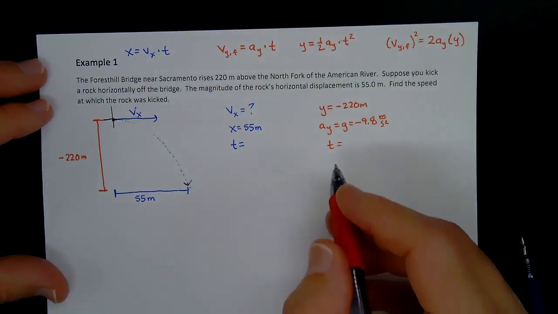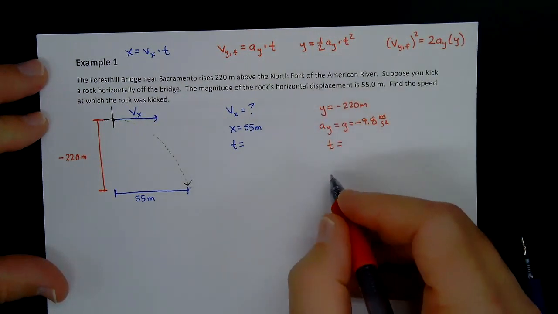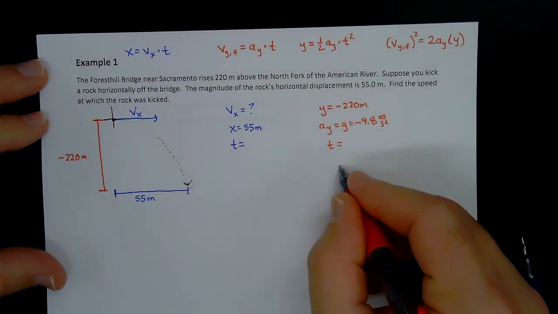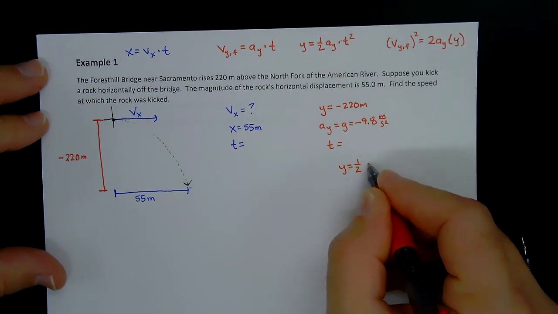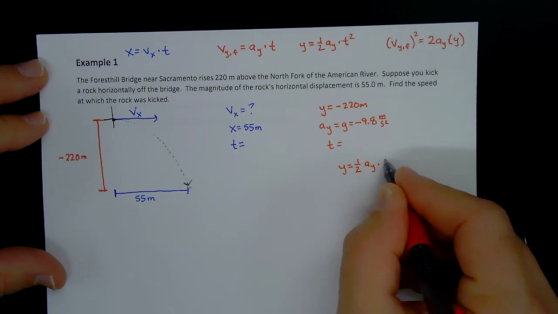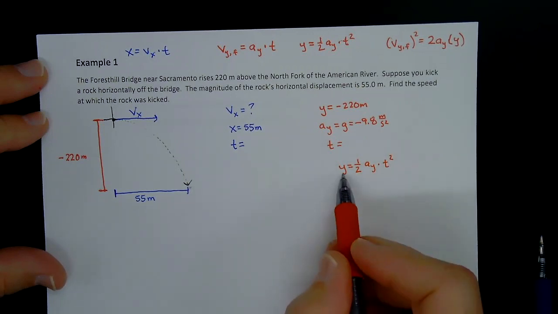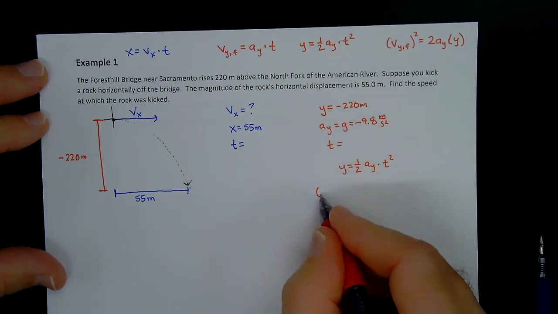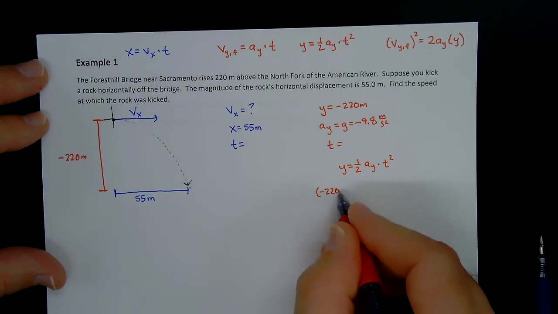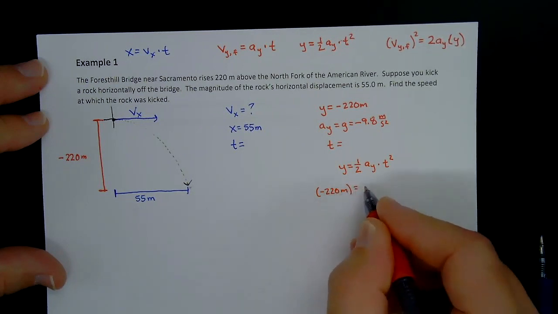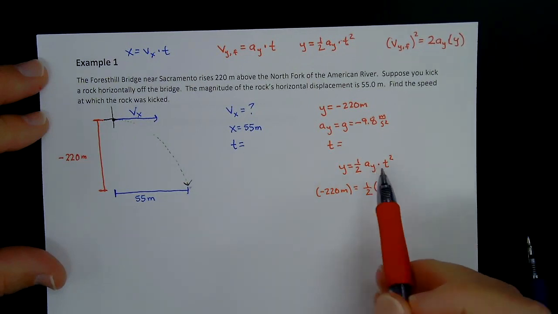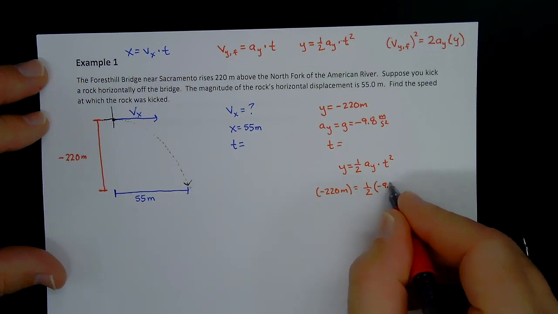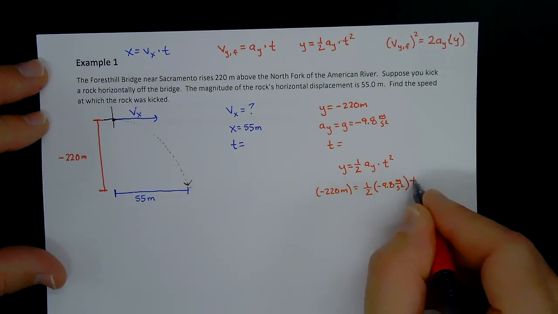So right here, I know y is equal to 1/2 times a sub y times t squared. So I know my y is this negative 220 meters. So negative 220 meters is equal to 1/2 times my acceleration in the y direction, which is negative 9.8 meters per second squared times t squared.